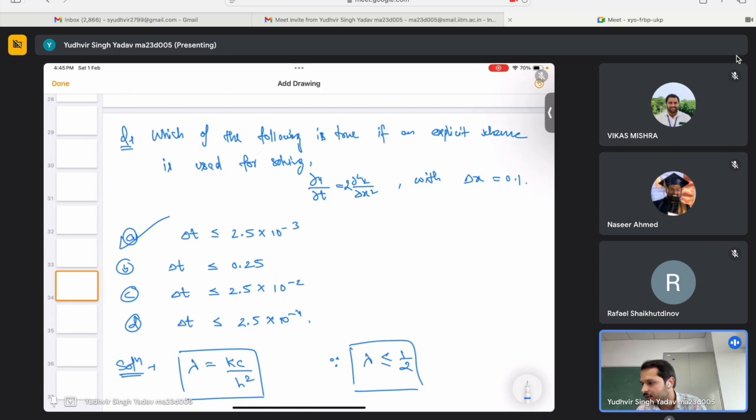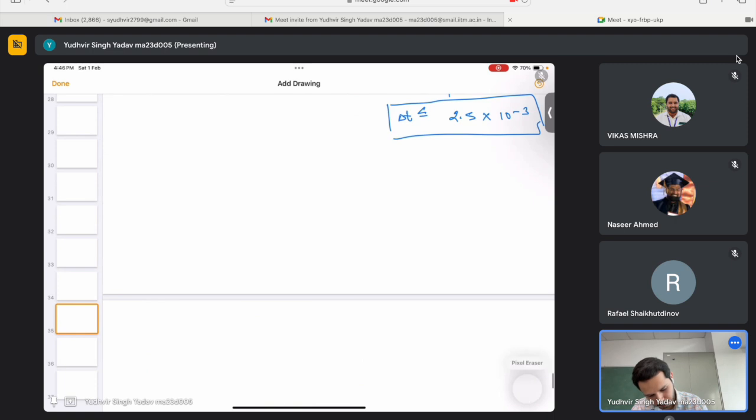Next question we will see. Suppose we have a heat equation del u by del t equals 2 del squared u by del x squared, and it is solved explicitly.